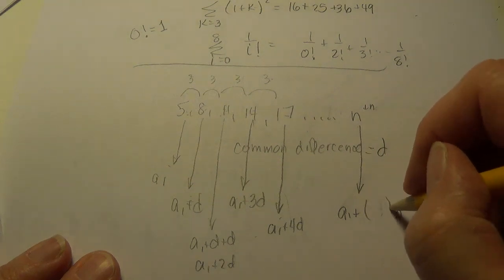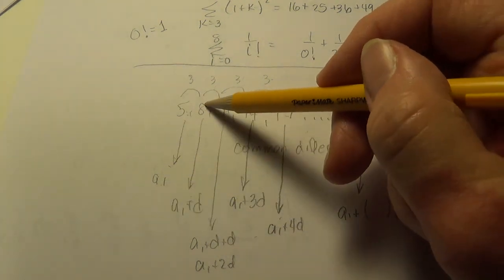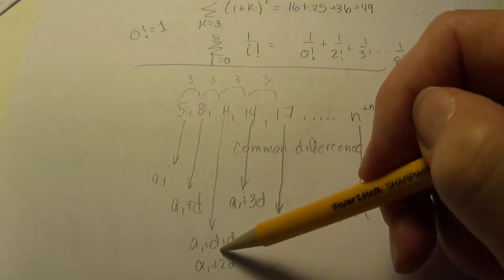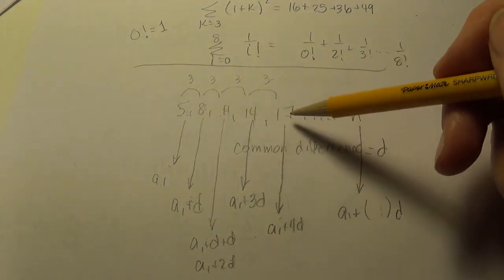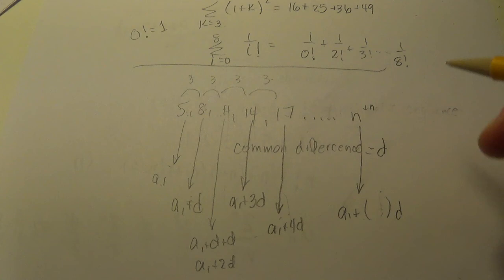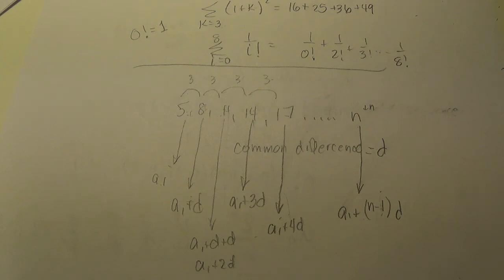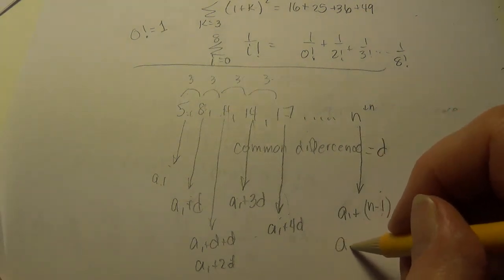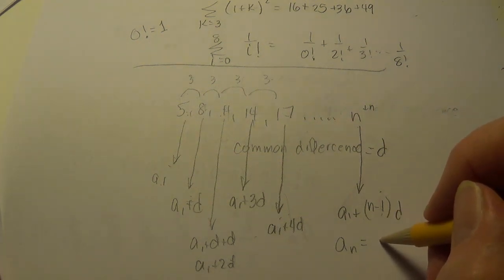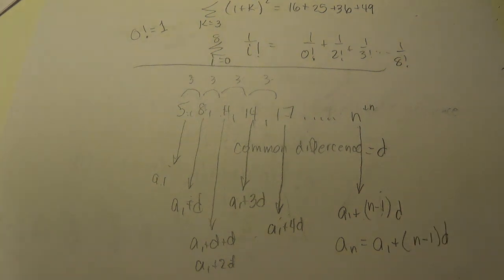So I'm going to put that number in here. Well, notice on the first term we didn't use any common differences, but on the second term we used 1 common difference. On the third we used 2. On the fourth, 3. On the fifth, 4. On the nth, how many? n minus 1. It's always 1 behind the number of terms. So this is a formula. It helps us get the nth term of any arithmetic sequence. a sub n equals a sub 1 plus n minus 1 times d.